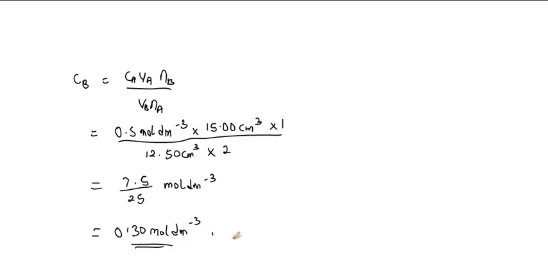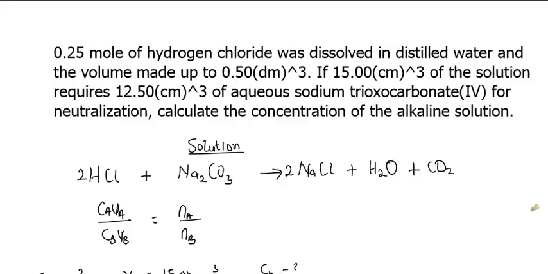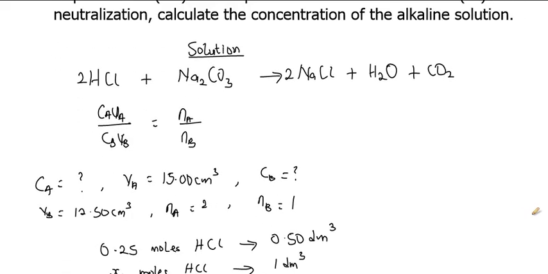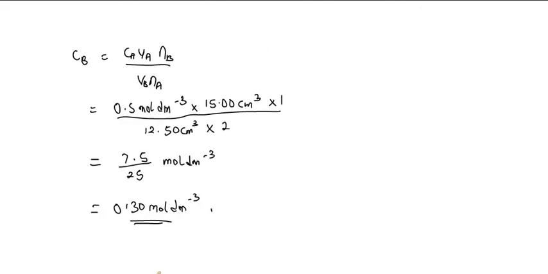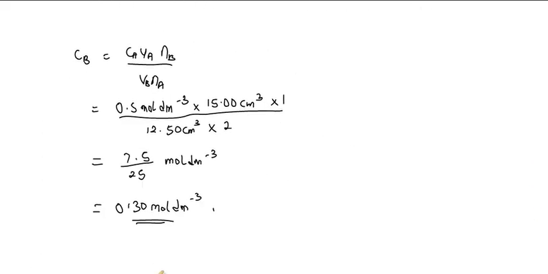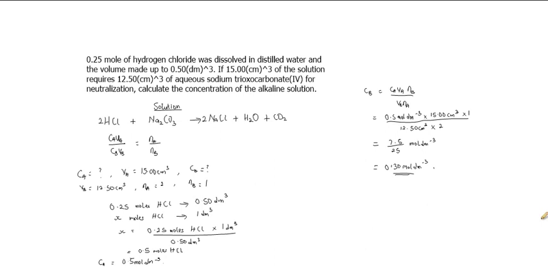So we've gotten Cb to be 0.30 mole per dm³. So with this, we've calculated the concentration of the alkaline solution, that is sodium trioxocarbonate(IV) Na2CO3, which is 0.30 mole per dm³, and that's going to be the final answer.